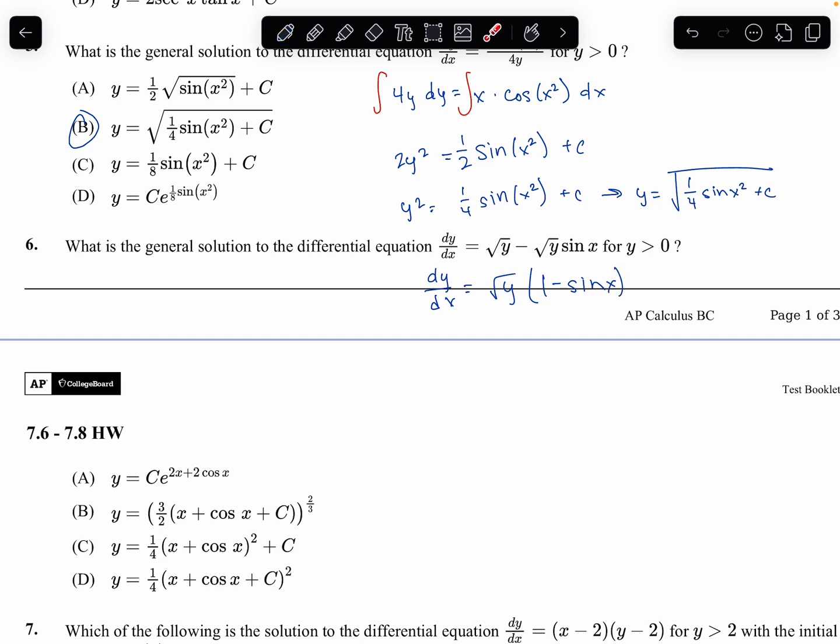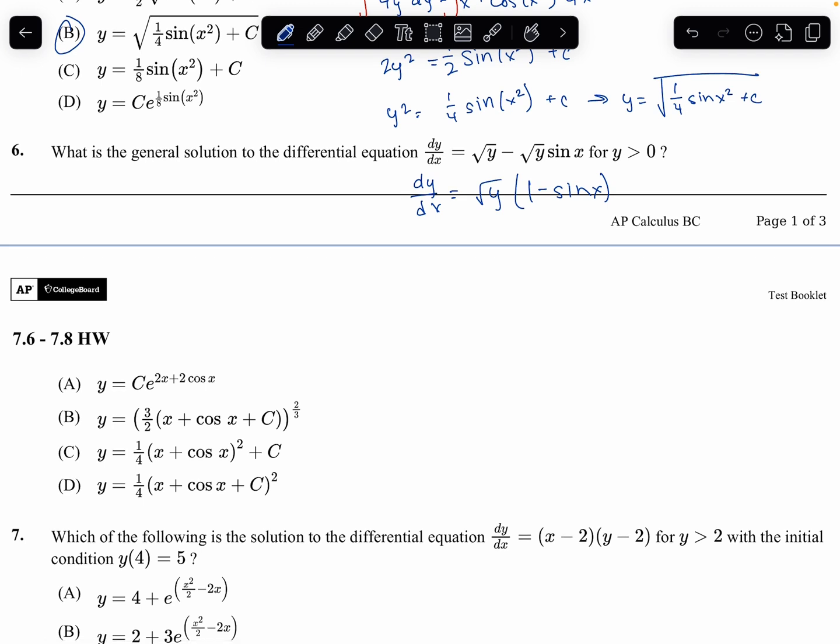And now this is where I can separate them. So I can divide by the square root of y on both sides, and then I can multiply by dx to both sides. So I'll get 1 over the square root of y dy whenever I divide both sides by the square root of y. Now I'm just going to take some time here to rewrite this expression.